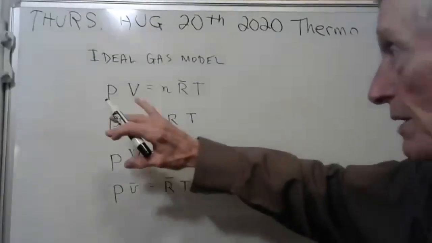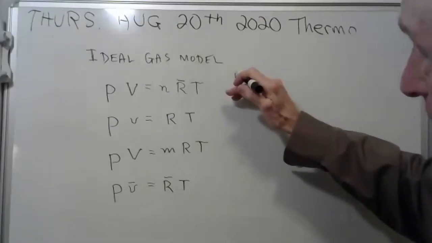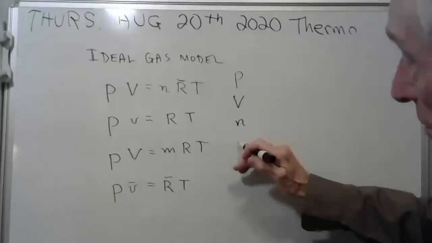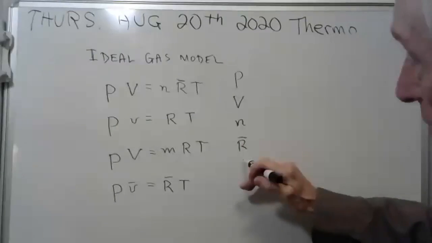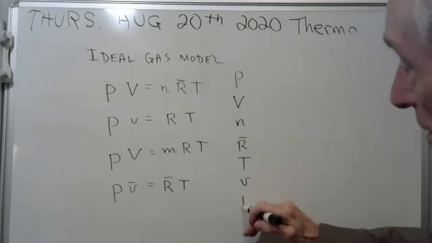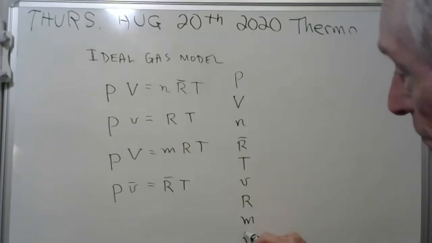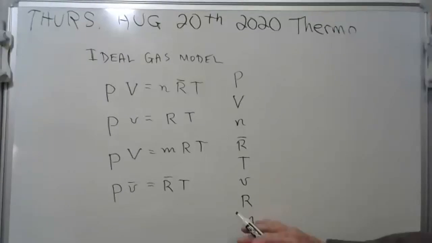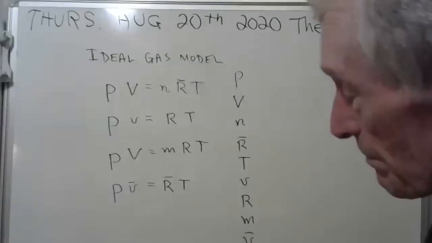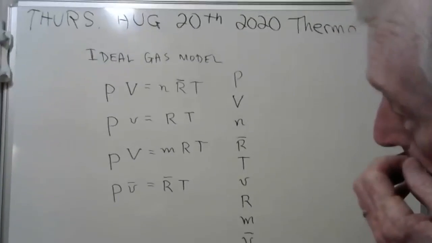And we need to know the names for every term in here. P, big V, little n, R with a bar over it, T, little v, R, little m, and a V bar. There are 9 different variables there.